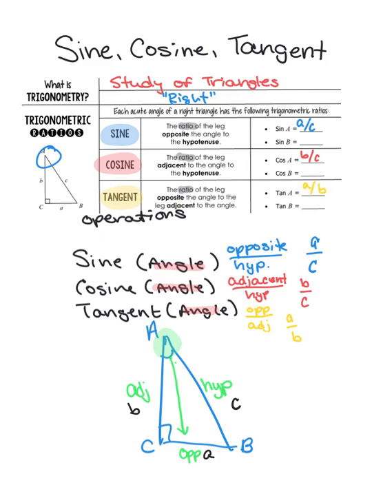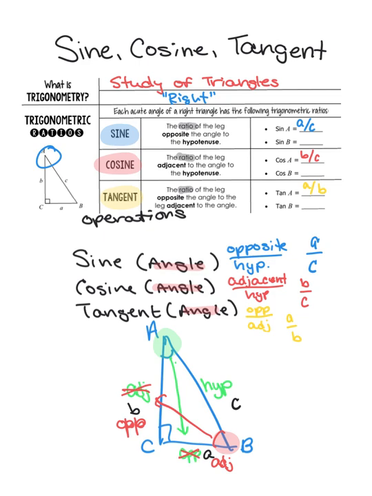Now, my opposite and adjacent are going to change when I look at angle B, the other angle in my triangle. Which side is opposite of angle B? Opposite of angle B is this side. Adjacent of angle B is this side. My hypotenuse does not change.